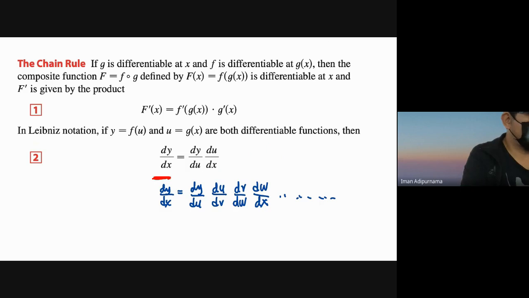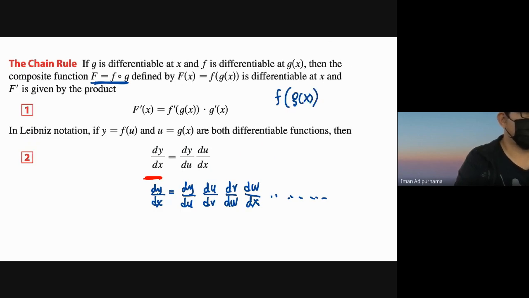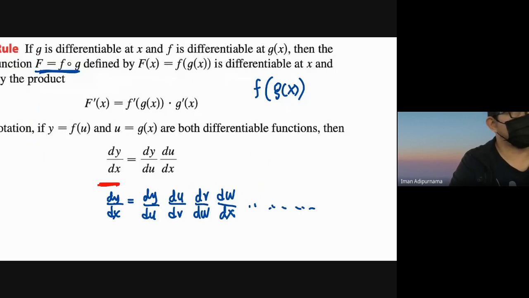We learned about composite functions, right? The composite function, the f, and then the g of x inside f. And it doesn't need to be two functions. It can be 3, 4, 5, 6, any number possible. For example, you have g, and then you have h, maybe k.